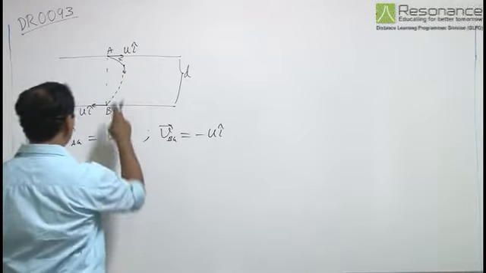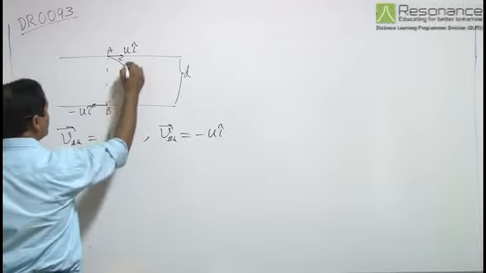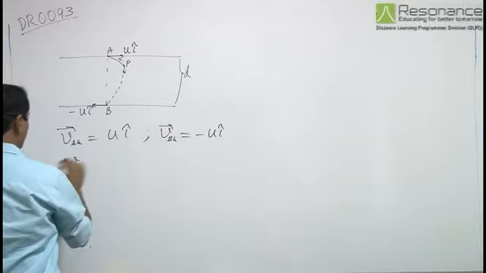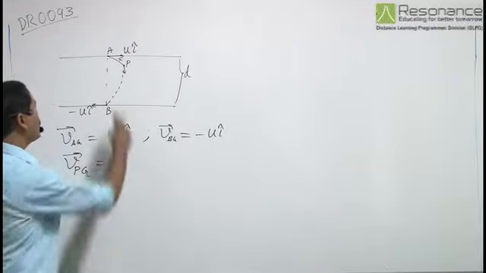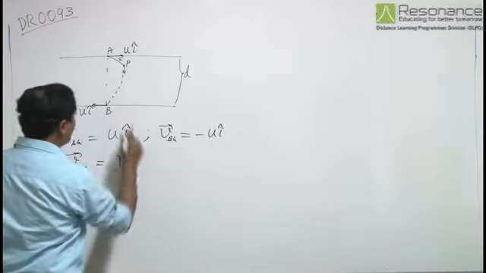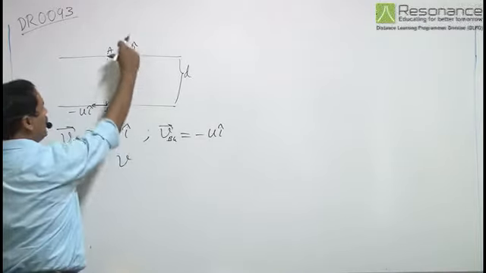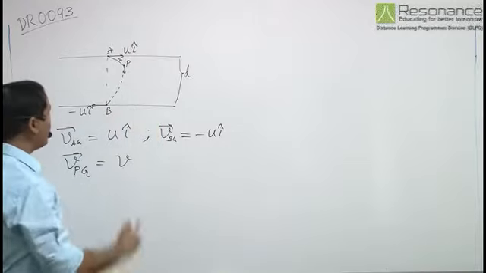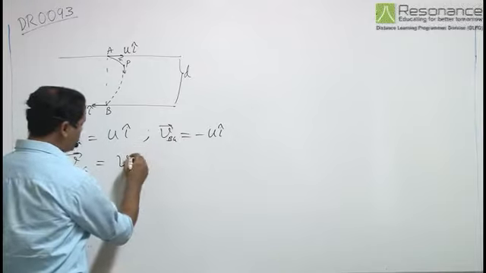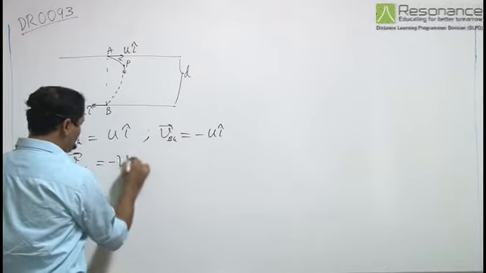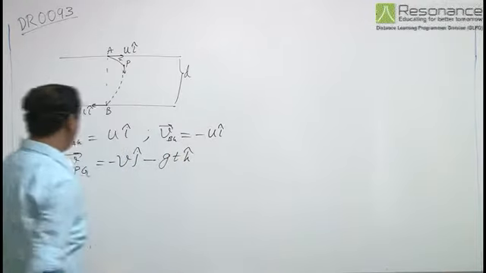So at any time, the velocity of the particle which is projected with some speed with respect to ground will be equal to V. If I consider this particular direction, the direction towards B, to be j cap and the downward direction to be minus k cap, it is V j cap minus g t k cap.